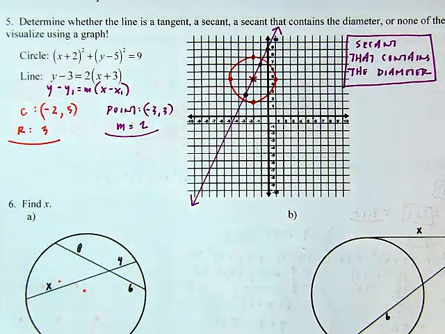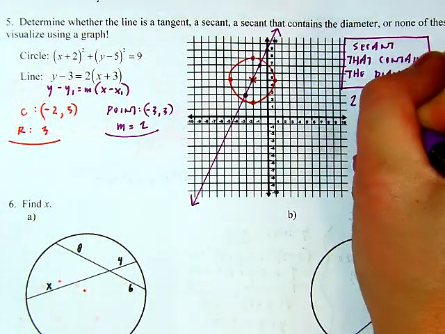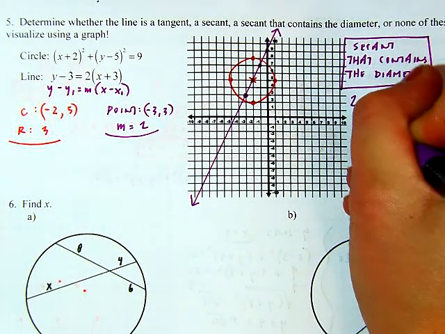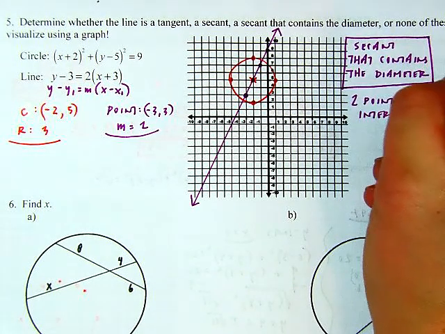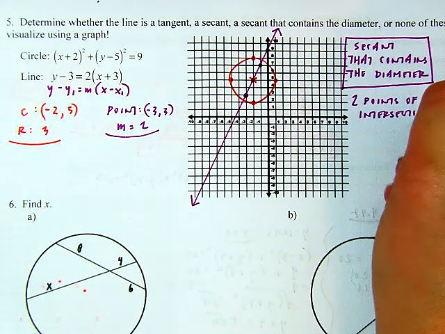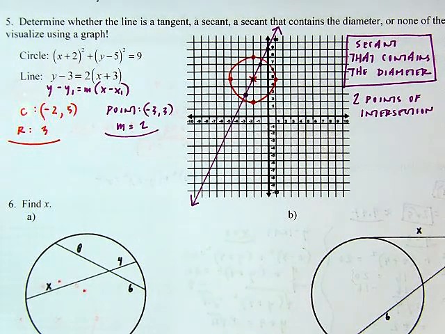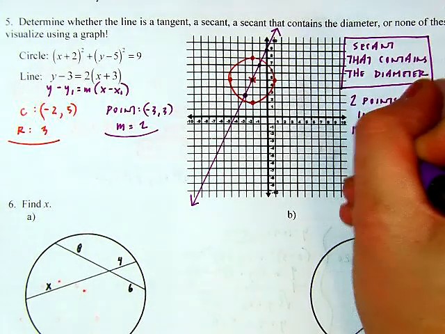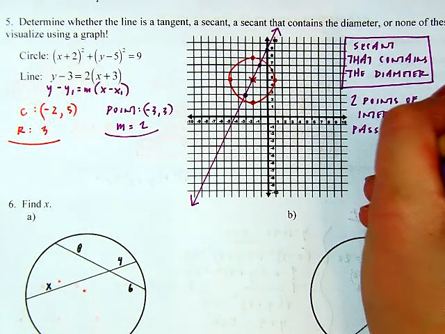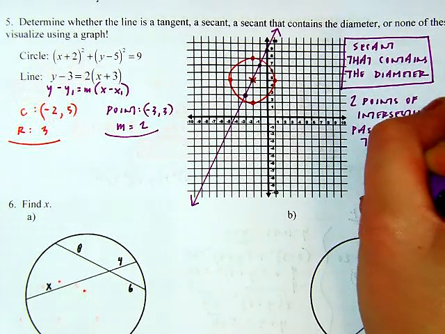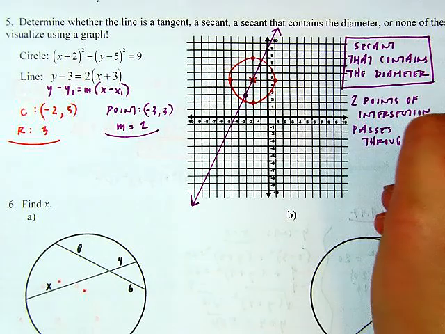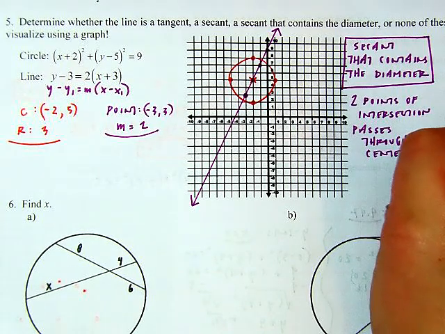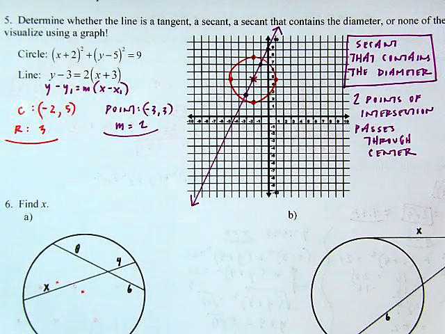Again, we know that because we have 2 points of intersection with the circle, and it contains the diameter because it passes through the center. All right, we should be good on 5.